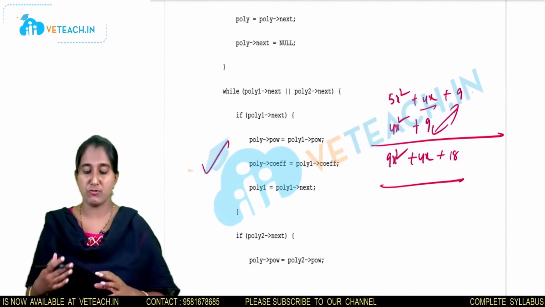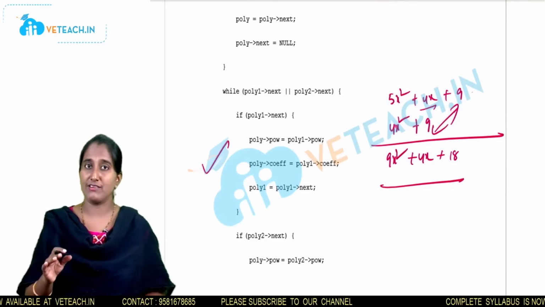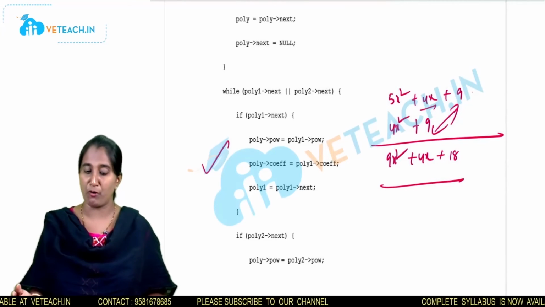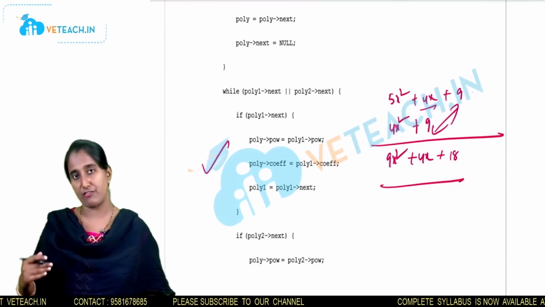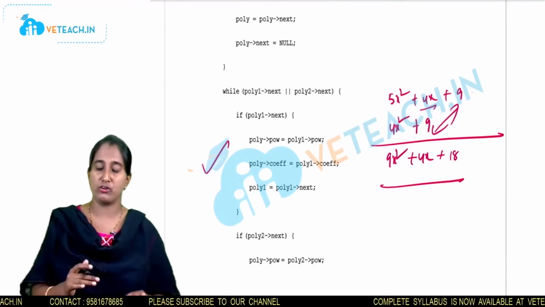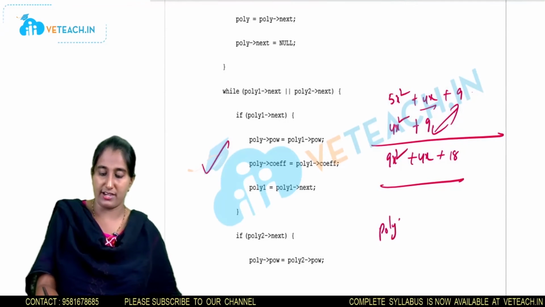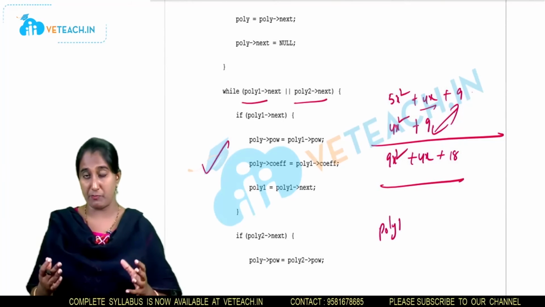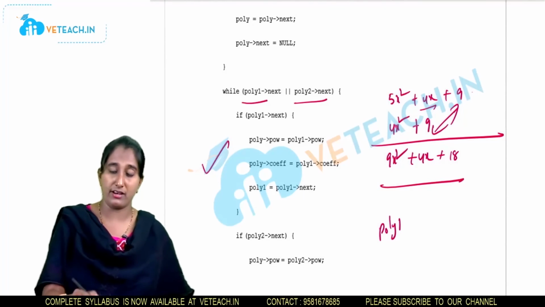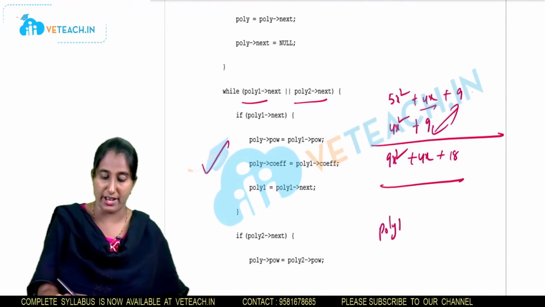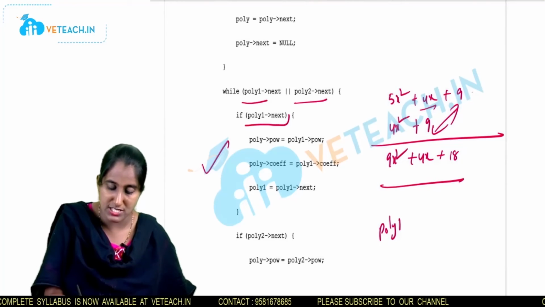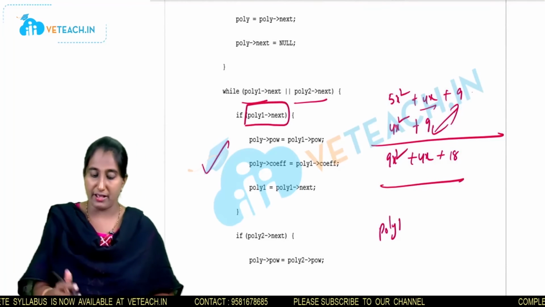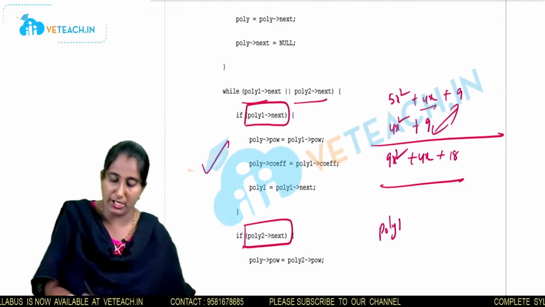So the remaining terms, whatever the terms which are left in poly 1 and whatever the terms which are left in poly 2 should be carried out to the poly 1 resultant. See, first of all, poly 1 next or poly 2 next. It means that if any terms are left in the expression, then first you have to consider the poly 1 part, then you should consider the poly 2 part.